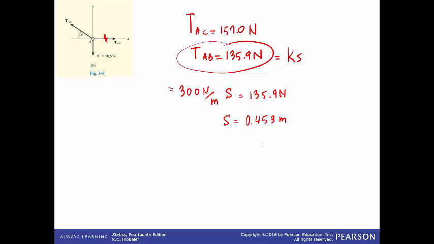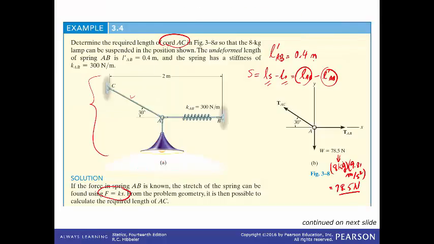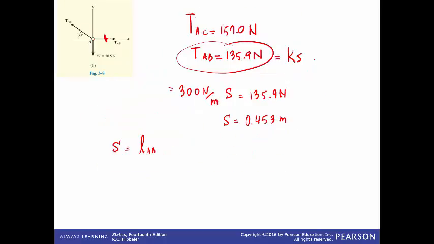Now remember that the stretch is also, let me make sure I use the right notation, LAB minus L prime AB, which is the stretched minus the unstretched. Okay, this is the notation that I used previously.